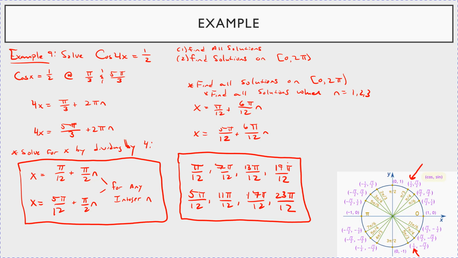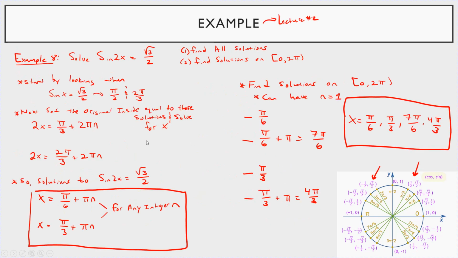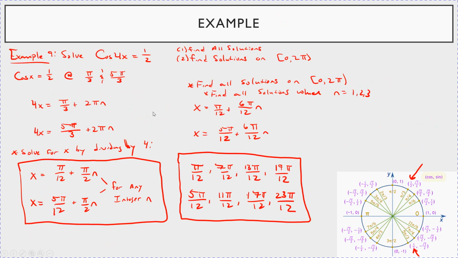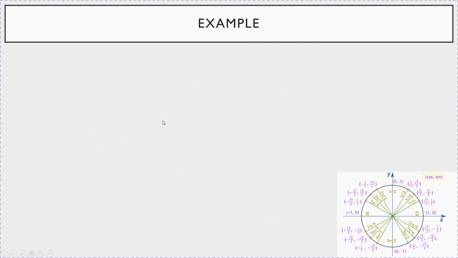All right, let's do one last one. So we've done a sine and a cosine. Let's do a tangent one that's a little bit complicated. All right, so this will be example 10 here. All right, let's solve tangent of x divided by 2, all right, is equal to the square root of 3 over 3.